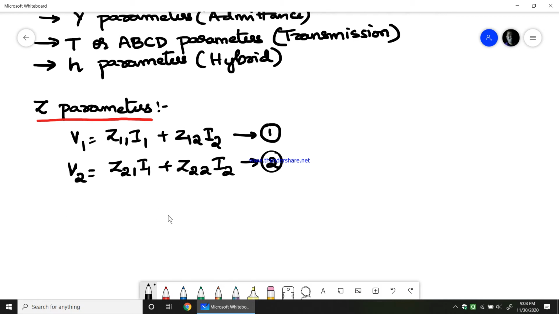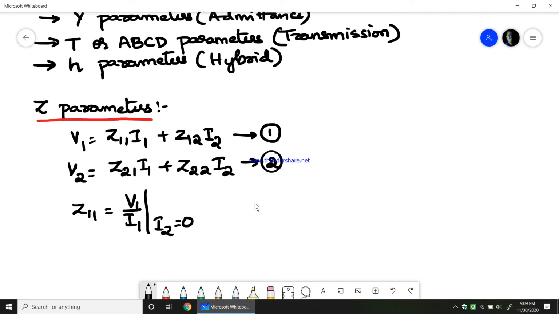Now in these two equations, Z11 equals V1 by I1. When do we get V1 by I1? When I2 is equal to 0. So in this equation, if you make I2 equal 0, then you get Z11 equals V1 by I1.